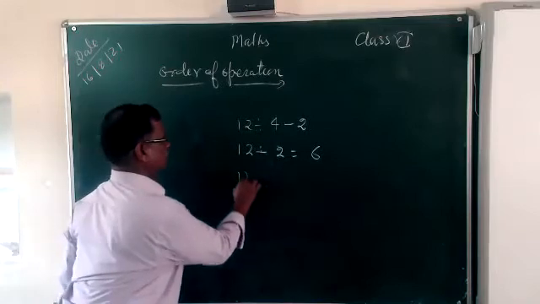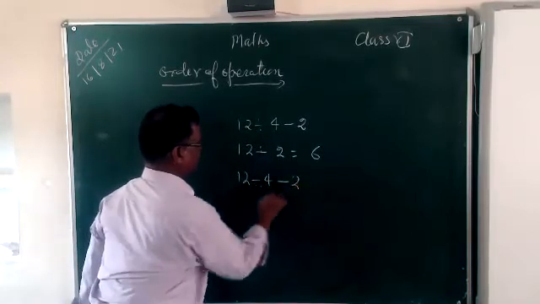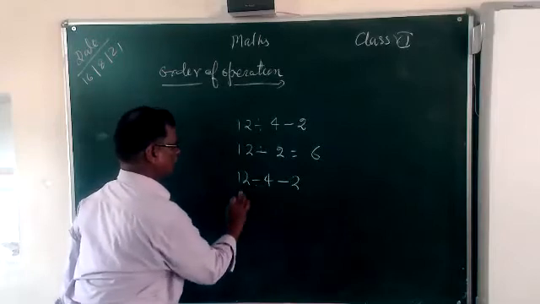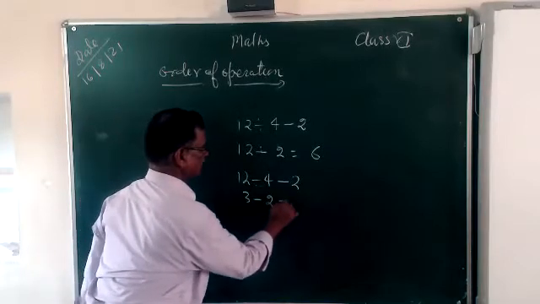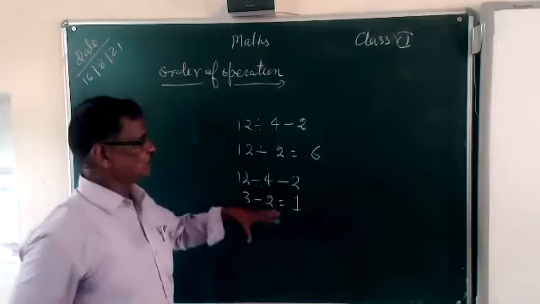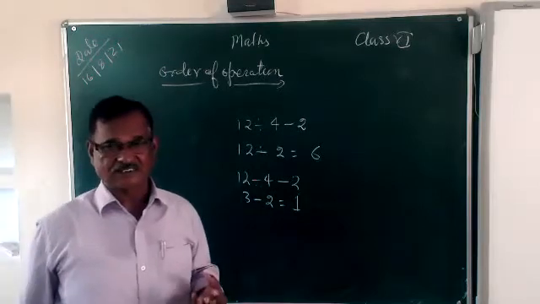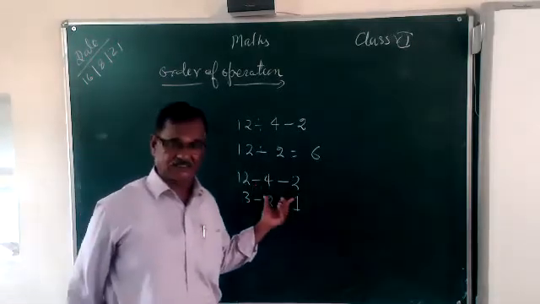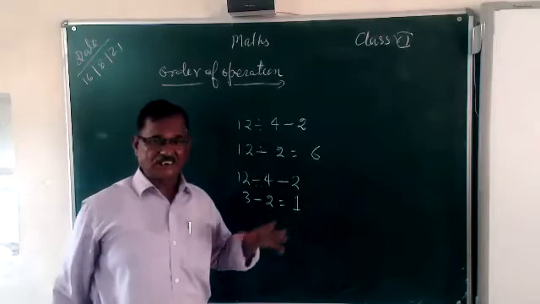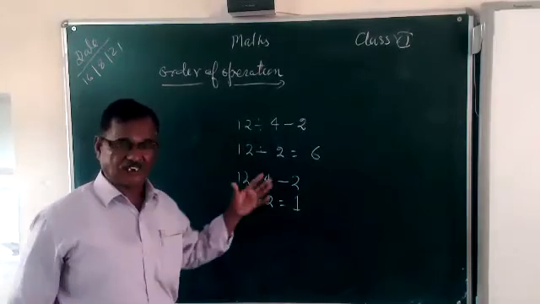And if you divide 12 by 4 first, you get 3, and then subtract 2, you get 1. So if more than one operation is given in a numerical expression, you will get different answers. It depends on the order of the operations.